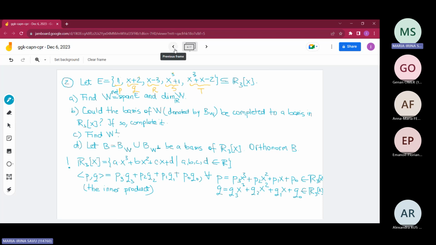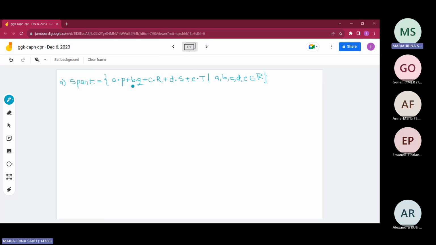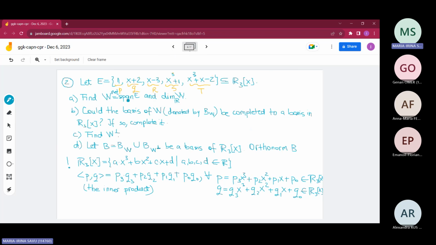But you have here a lot of polynomials. And this span is actually a subset of R3 of X. You know that the dimension of R3 of X is 4.